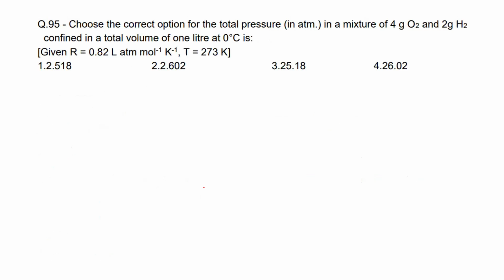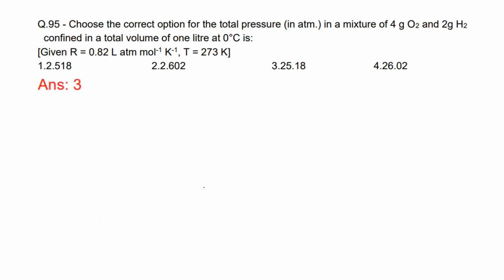Choose the correct option for the total pressure in a mixture of 4 grams of O2 and 2 grams of H2 confined in a total volume of 1 liter at 0 degrees Celsius. Okay, so total pressure is being asked, and we have a mixture of 2 different gases. The temperature is mentioned, the R value we know, and only pressure we have to calculate.